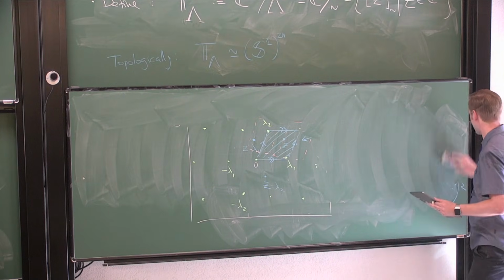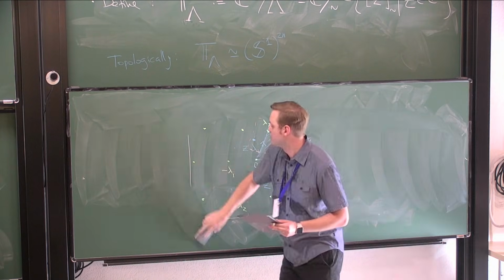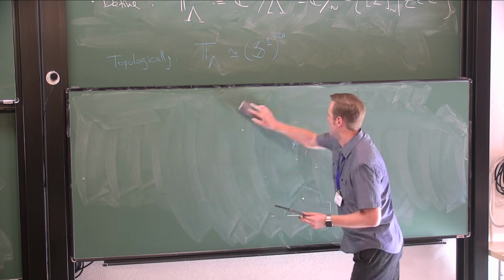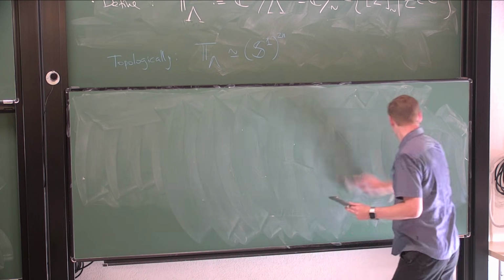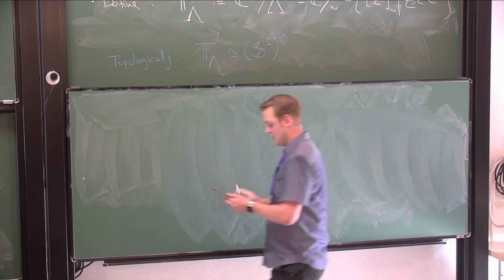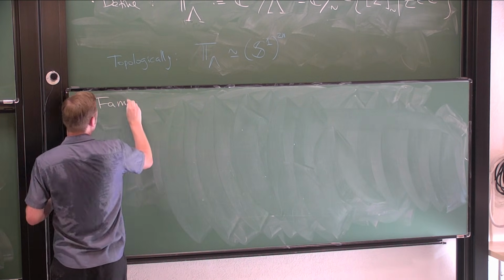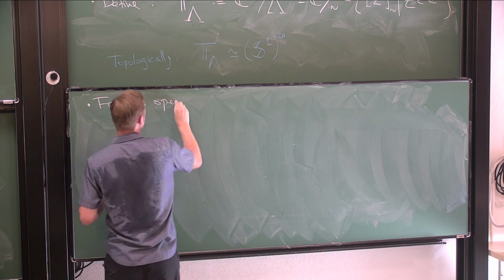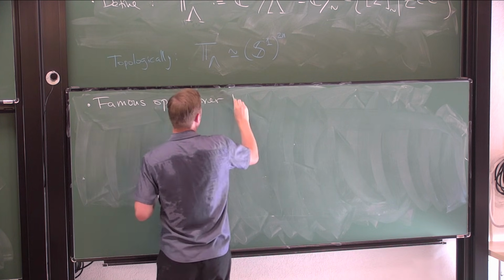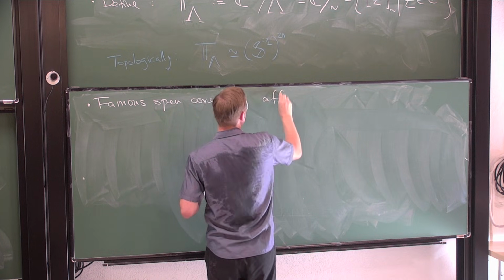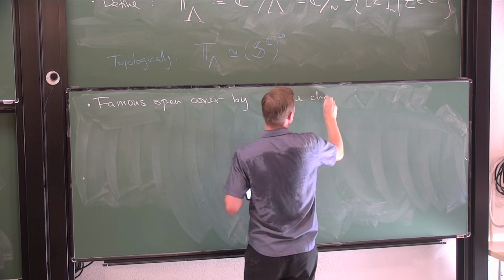We call them affine charts on P^n. They're extremely important. So let me describe them. This is a famous open cover by what we call affine charts.